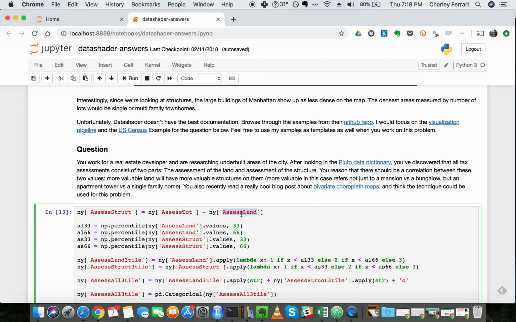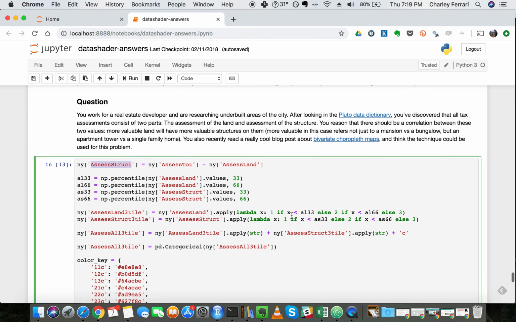With this information, what this will give us is, first of all, areas that might be overdeveloped, so areas where the land value isn't as expensive, but the structure relative to the land is more expensive. And then, more importantly for a real estate developer, areas where there's high land value but low structural value, which implies that this land could be further developed to more intensive uses.